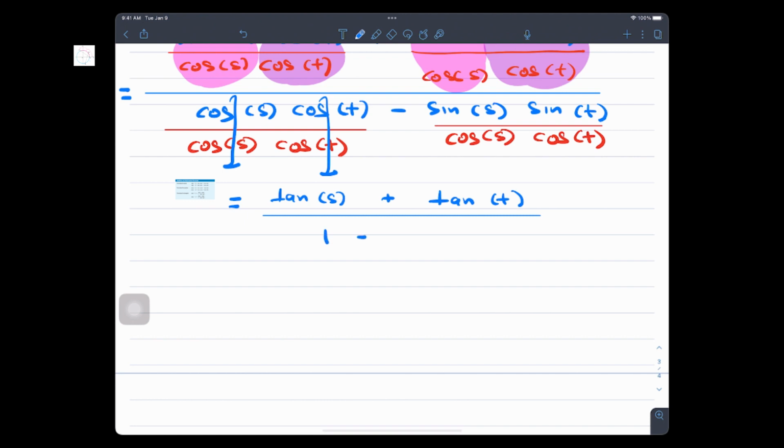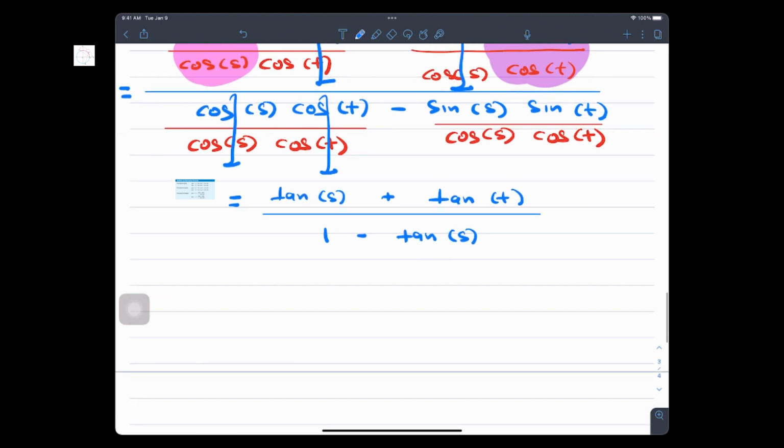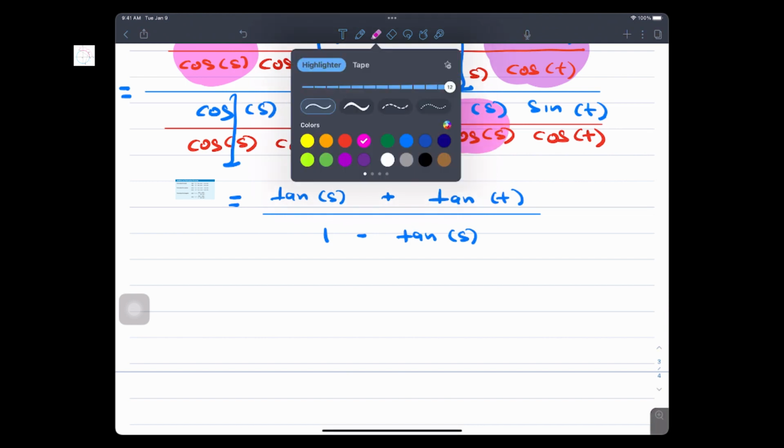So this is 1 minus. Sine over cosine is tangent S, and then sine over cosine again. So maybe we'll just do it like this. 1, 1. And over here, you have the colors that are pink and purple. So you got sine over what?